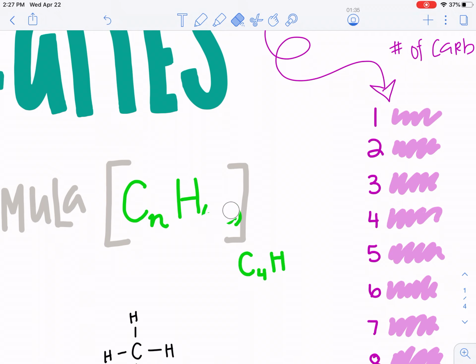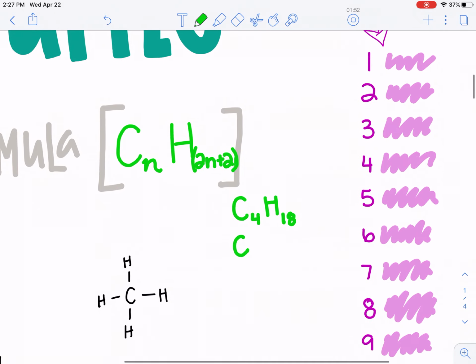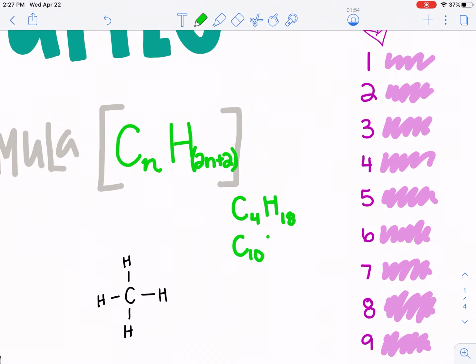Actually, let's fix this because it's 2n plus 2. So hydrogens would be 2 times 4, which is 8, plus 2, which is 10. If we did C10, we would need 22 hydrogens, because it would be 10 times 2, which is 20, plus 2, which is 22.